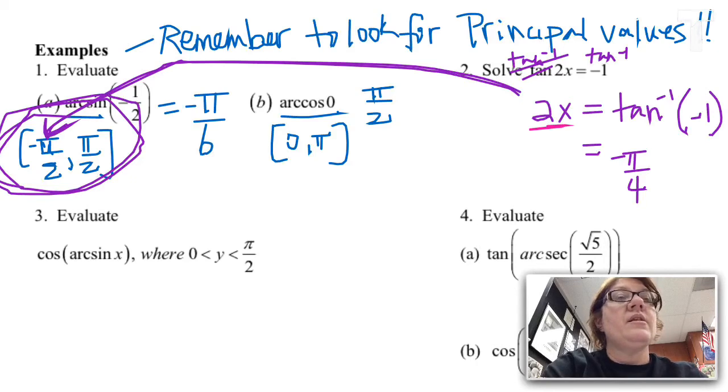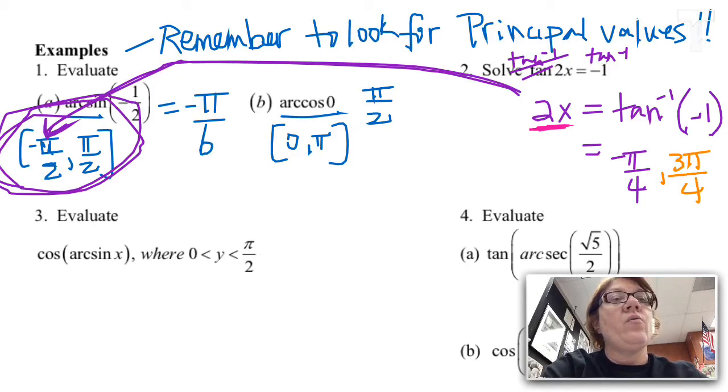And since this is a double angle problem, it means that I can probably generate 2 answers. So the next time tangent is -1 would be in the 2nd quadrant, which would be 3π/4.